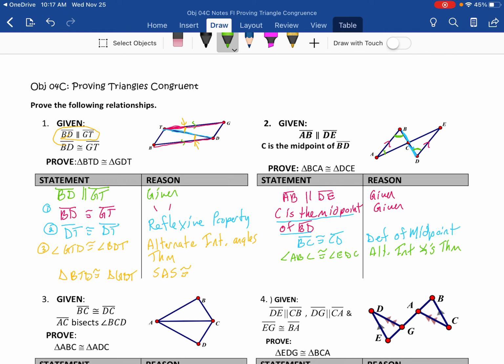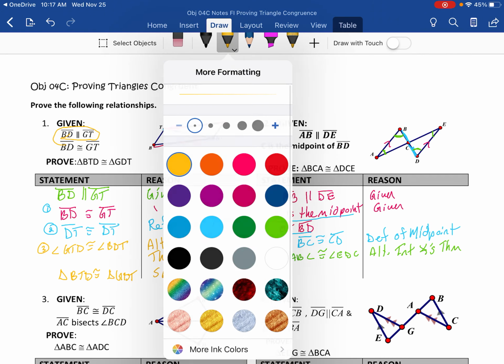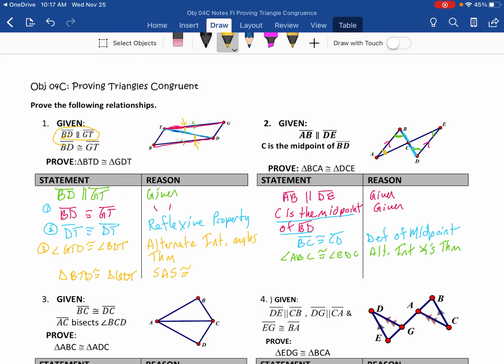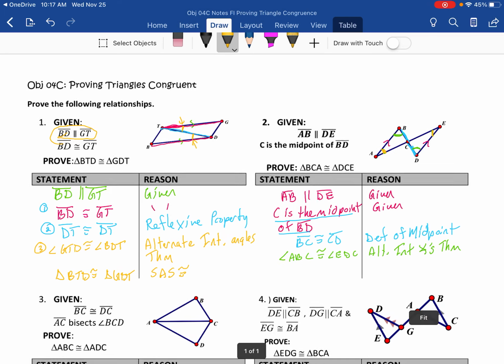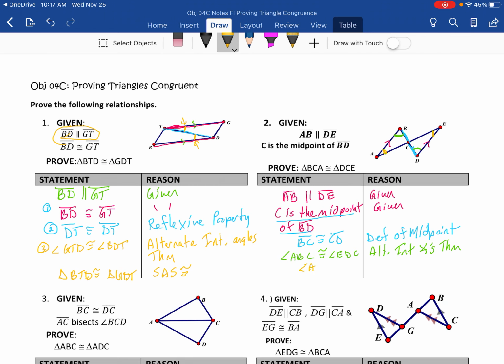So I also know angle A must be congruent to angle E, or angle CAB, but I can name it with one letter. Angle A must be congruent to angle E. So you could have named these with one letter too. Also the same reason, alternate interior angles theorem.